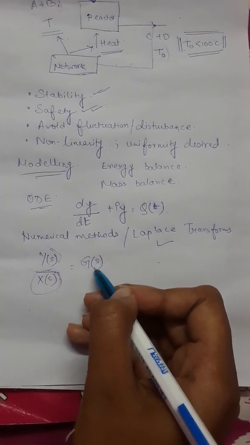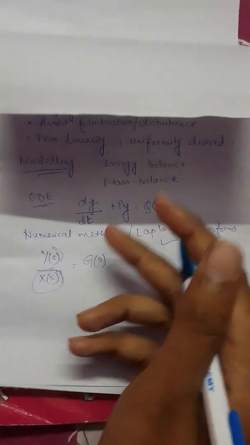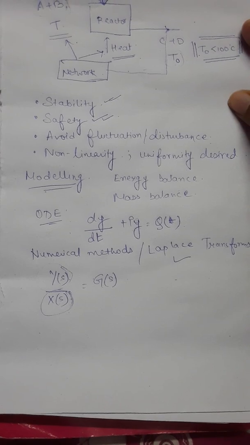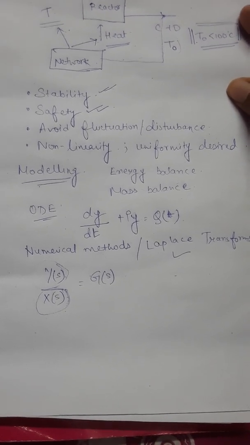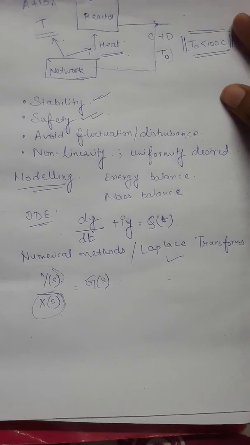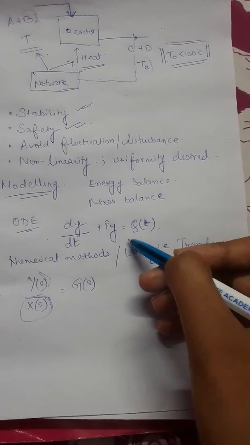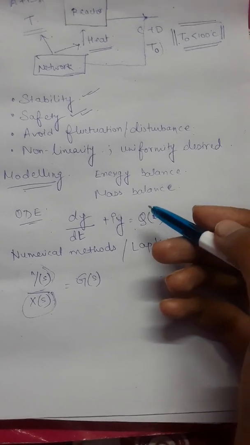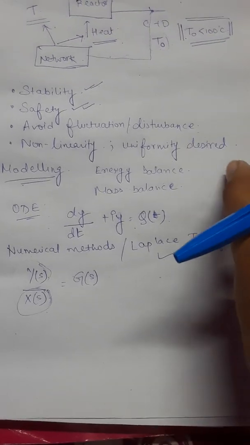Here the principles of Laplace transform that we usually study in our engineering mathematics are used, and they are carried out to solve the process, be it a first order process, that is a process that can be described by a first order differential equation, or a second order process, or a higher order process.